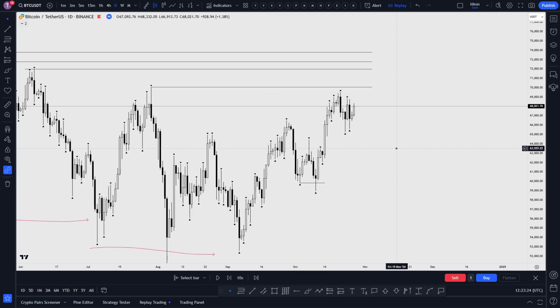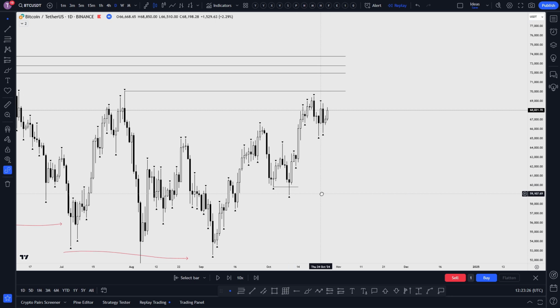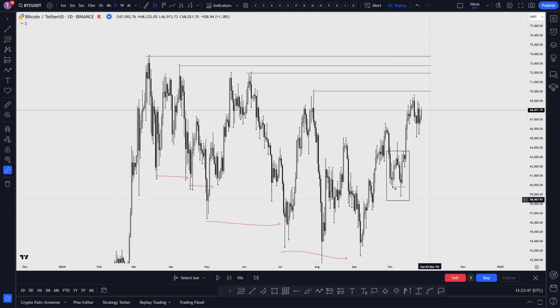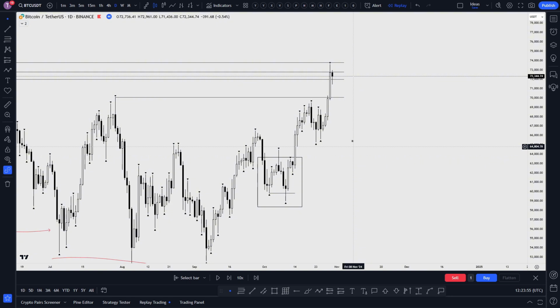Looking at the daily chart, I really like this manipulation right here, because this is my accumulation that I want to see hold in order to have this really nice momentum to the upside. As long as we hold this level, I am looking for buying right here. If we fail, we will very likely continue in this chop. Eventually, as you can see here, we break to the upside.